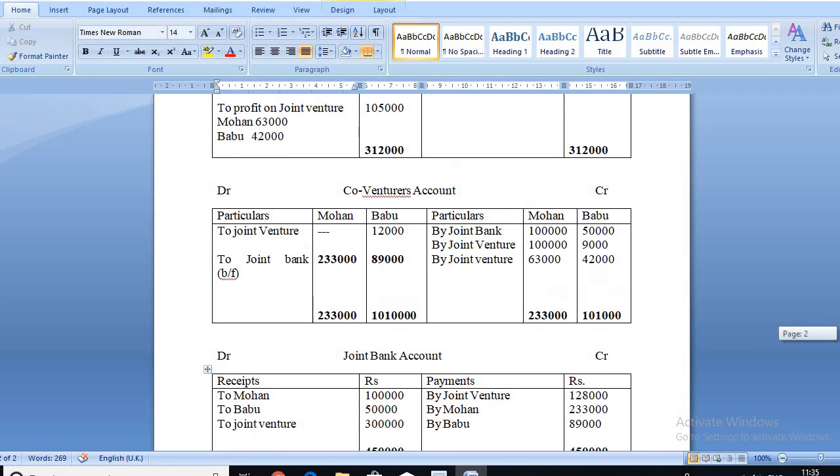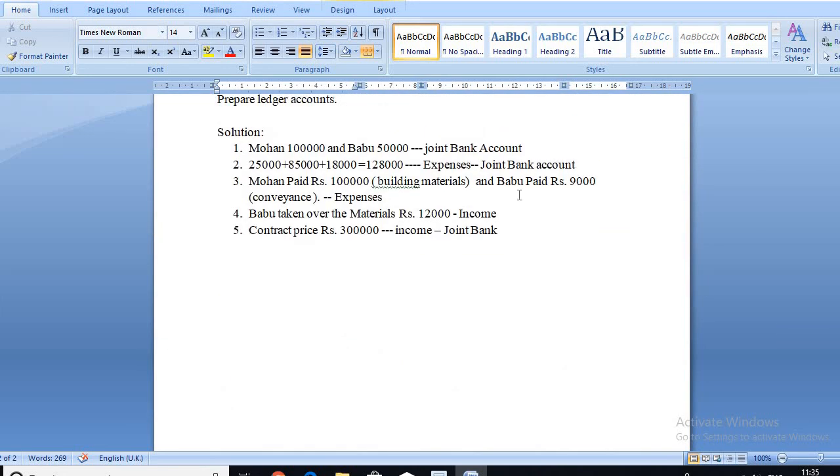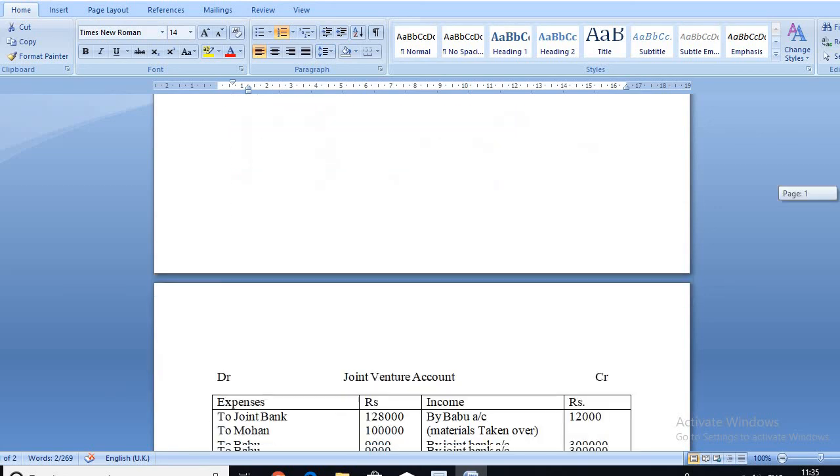In this problem, the only new adjustment is that Babu takes over the material. Here one of the co-venturers took over the material. Before taking over any material or goods, the co-venturer will pay the price of that material. Here Babu takes over materials worth 12,000 rupees, so before taking this material, Babu will pay the price to the business. This is income for the business, so it should be recorded on the income side.